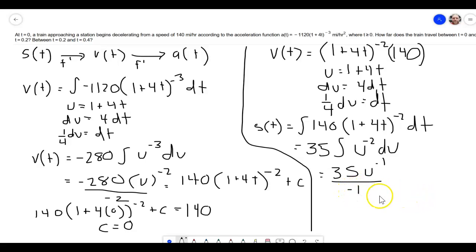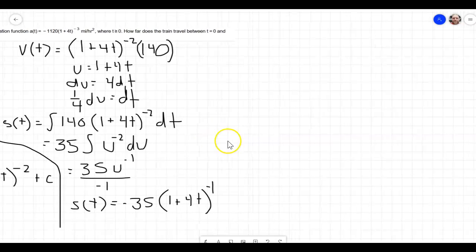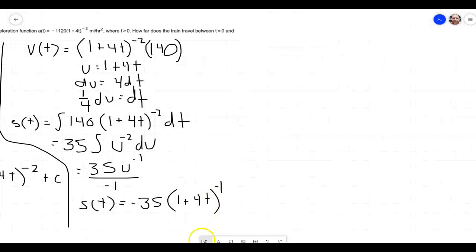So my position function is going to end up equaling negative 35 times (1 plus 4t) raised to the negative 1 power, plus C. All right, so now I finally got my position function.